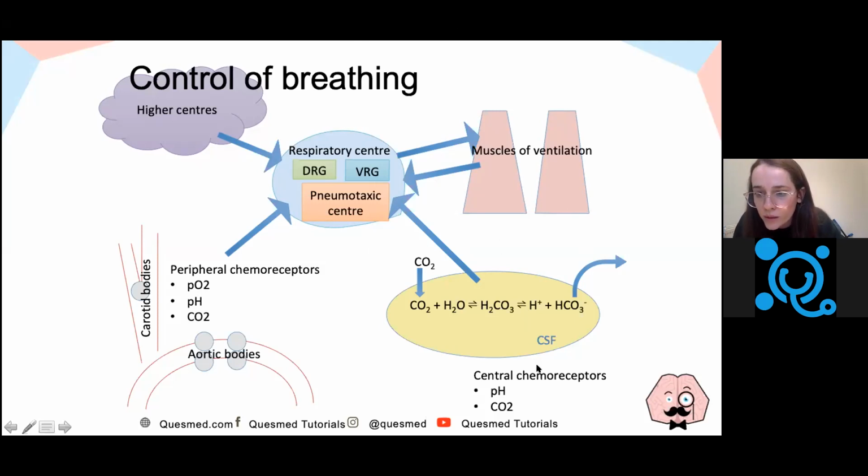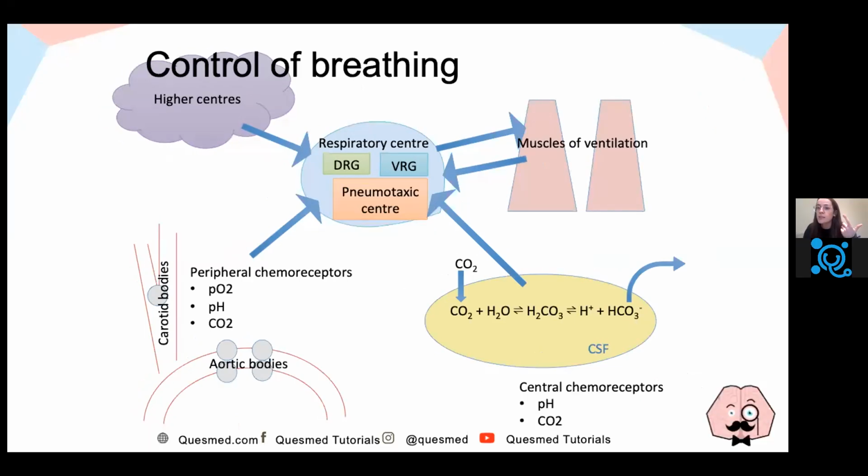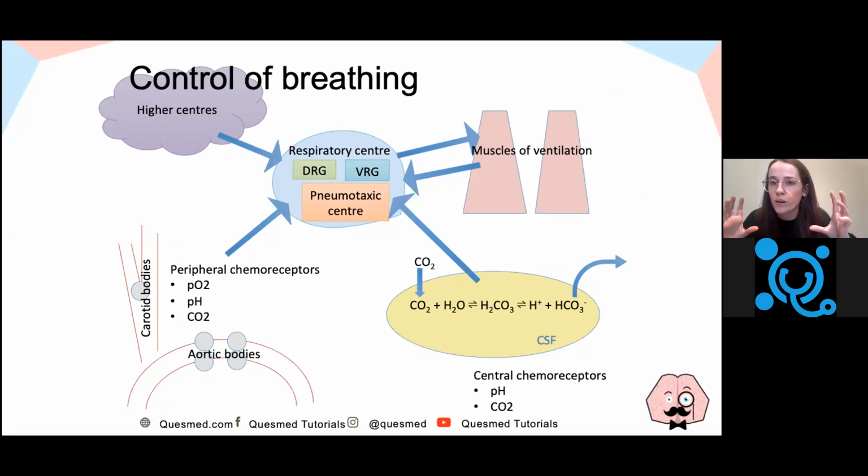Does buffering normally occur in the blood? Yes, we've got quite a few different buffers. The bicarbonate buffer system, so how much bicarbonate we have in our blood, is one of our really important buffer systems. We've also got proteins and other molecules which can help with buffering. Essentially all of our bodily processes happen best at a certain pH, because if you think about it, most of the things that we do to live require enzymes in order to function.